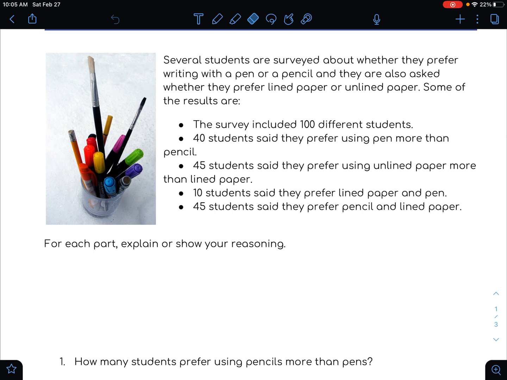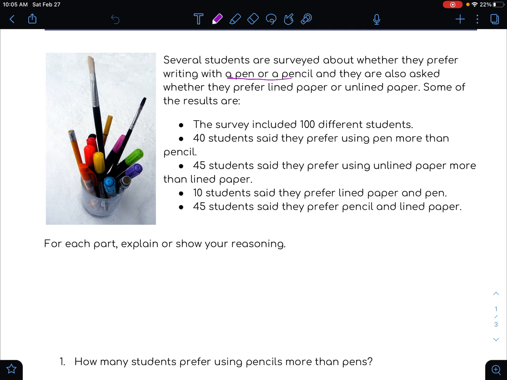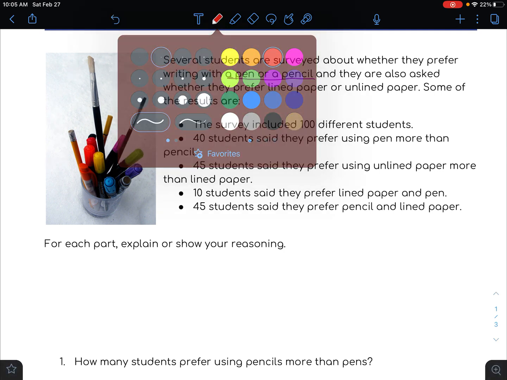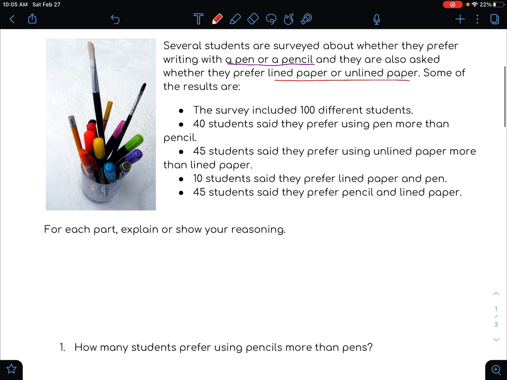Lined paper or unlined paper. So one variable is related to pen or pencil, and the other variable is related to lined paper, unlined paper. And then we've got some numbers around this.